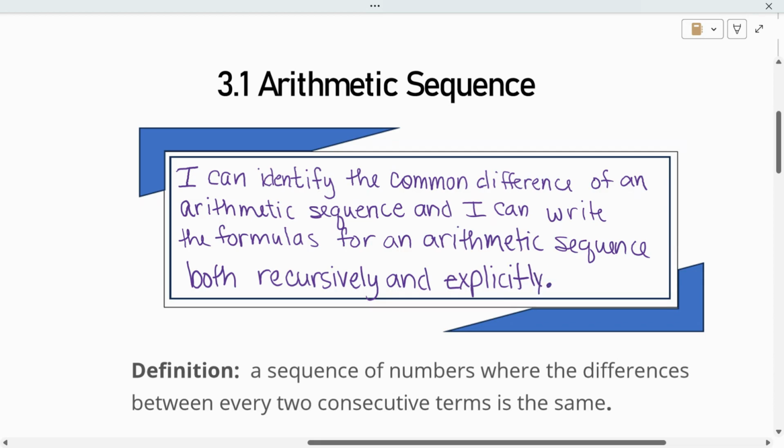So I can identify the common difference of an arithmetic sequence, and I can write the formulas for an arithmetic sequence both recursively and explicitly.